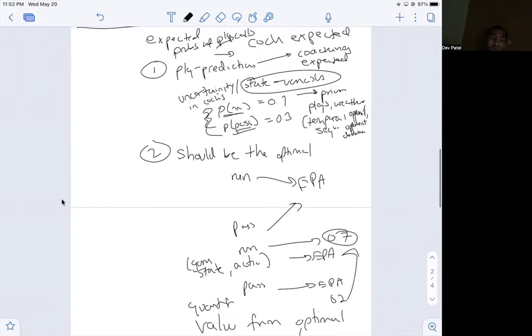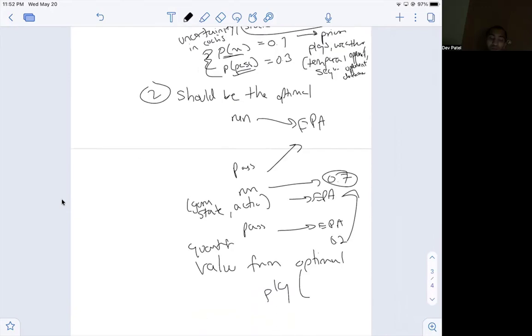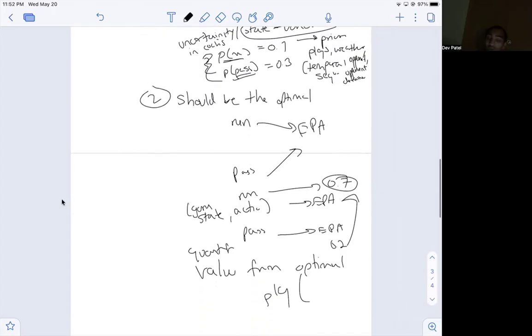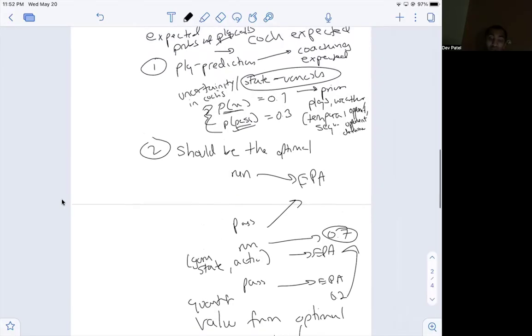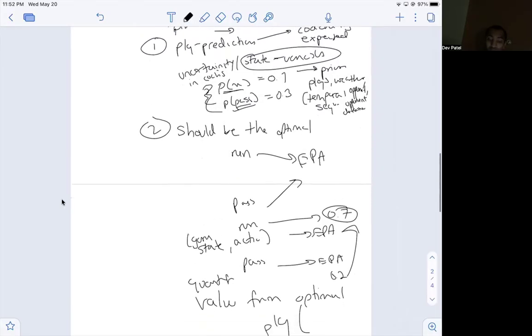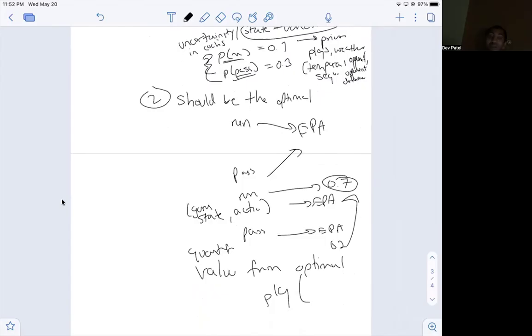So we have two things. We have the expected probability of what the coach is likely to do, and we have the value added from choosing the optimal play. Now, if the optimal play has a significantly larger value than the suboptimal play, and the coach actually goes with the suboptimal play, then that is very inefficient.